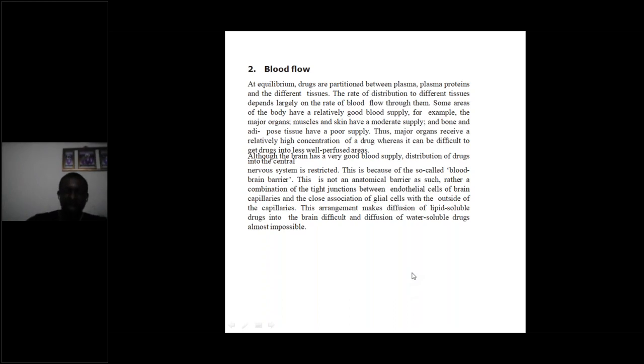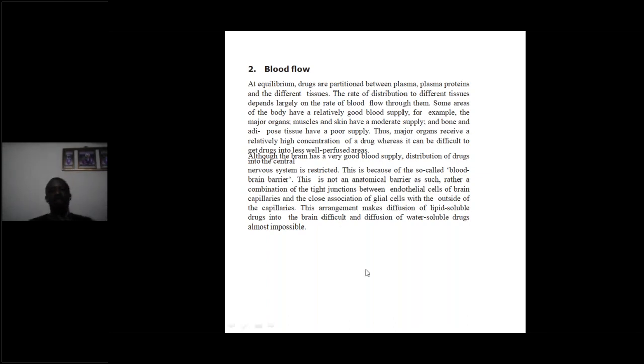So there's a way the blood vessels are arranged. The arrangement makes it difficult for lipid soluble drugs to get into the brain, and for water soluble drugs it is almost impossible, because of the way it's arranged.